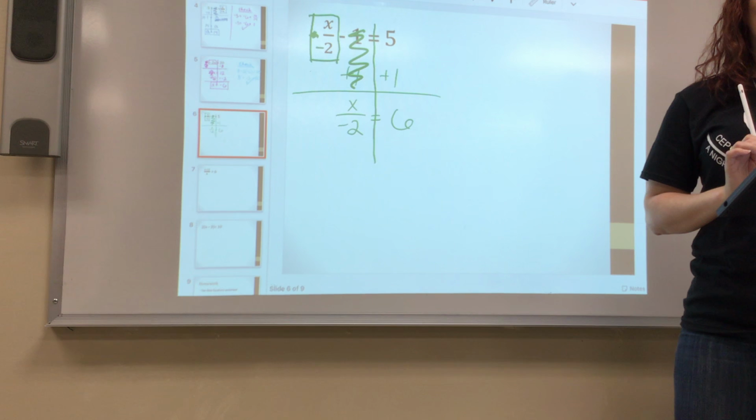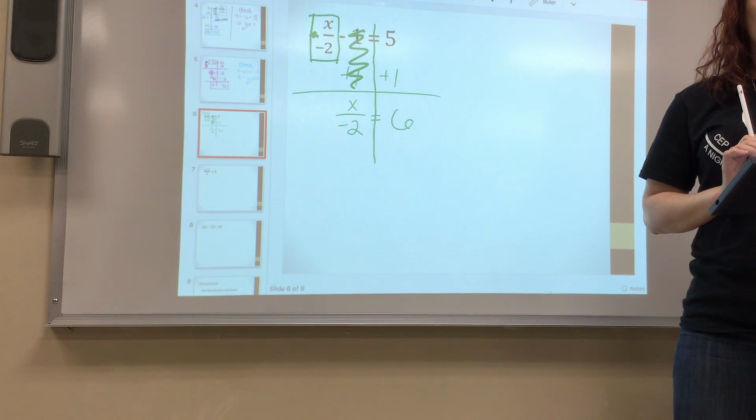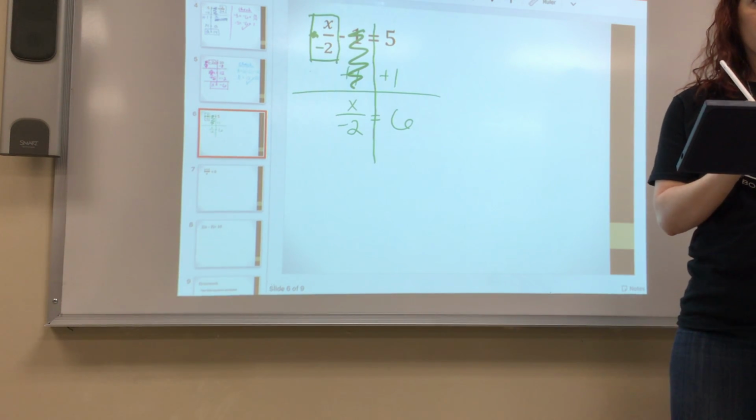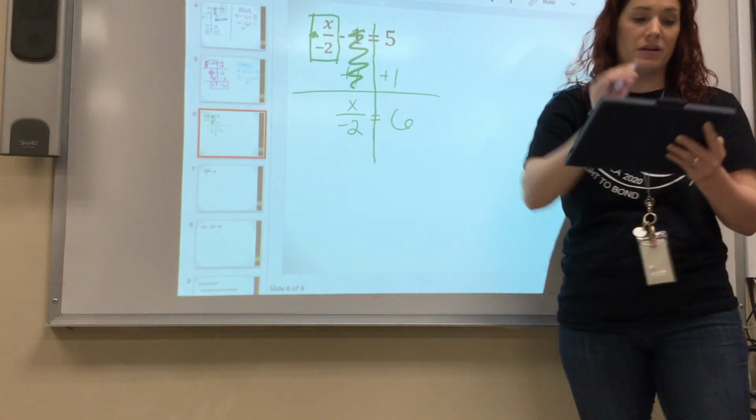What would be after that? William. So then, you have to get the -2 out, you have to isolate the variable. So multiply -2 on both sides. Good. I've got division here. We use inverse, which is multiplication.